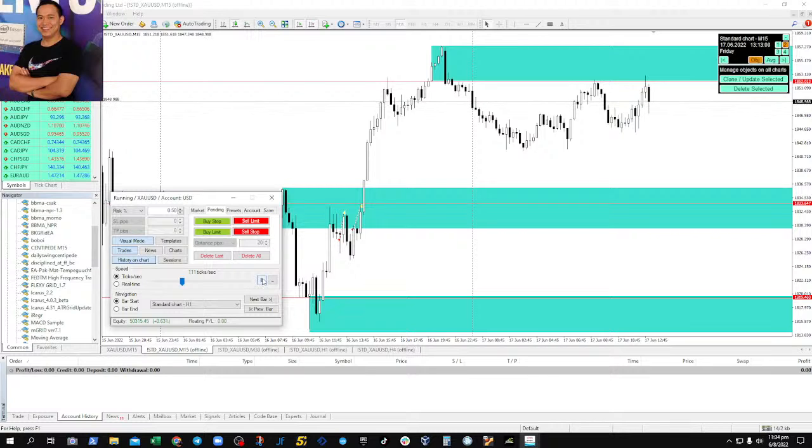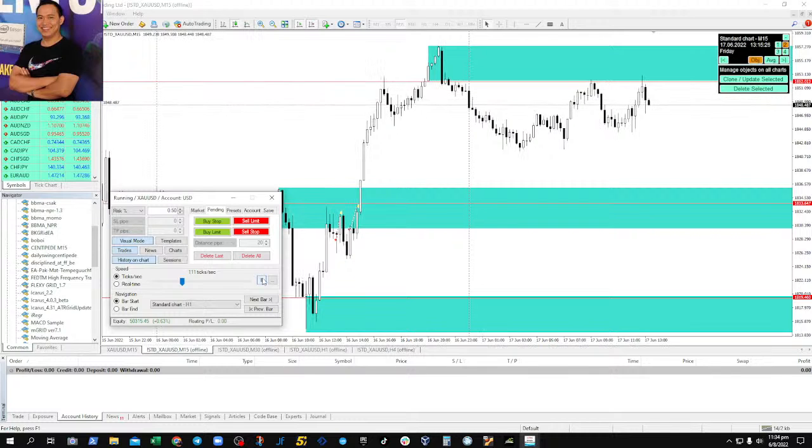It's best if we make a bearish engulfing. I'll make a sell stop here.